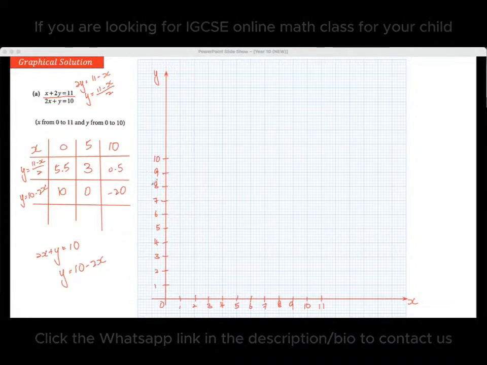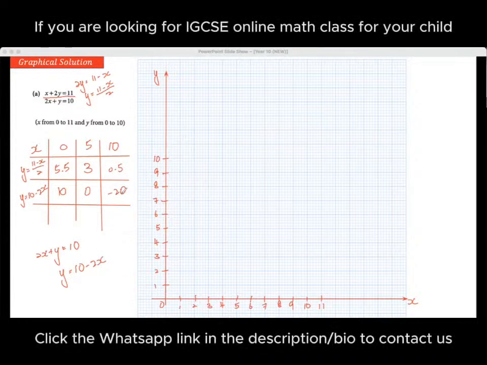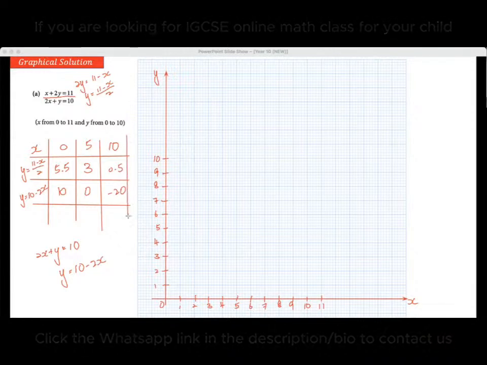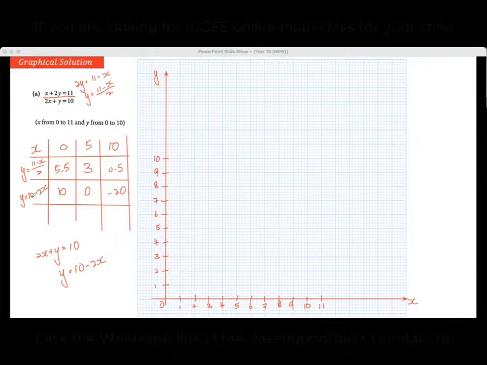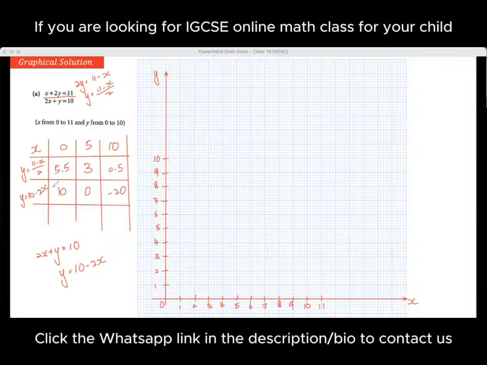Okay, now there's a question here. I do not have negative 20 here. So meaning I need to find one more, just one more to confirm the second line whether I did it correctly. Isn't it negative 10?